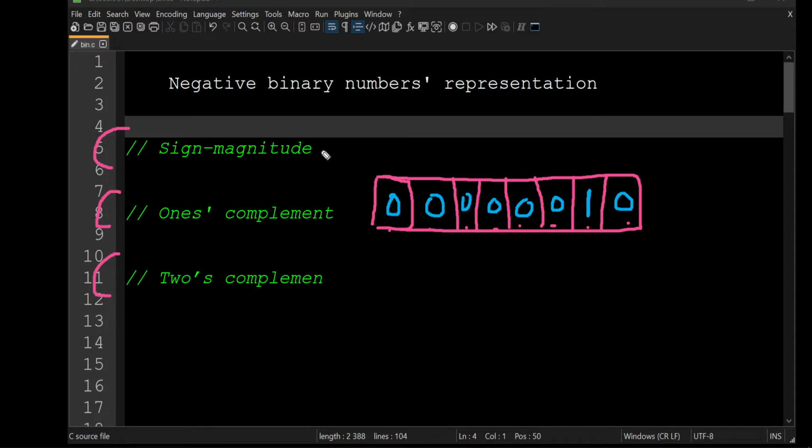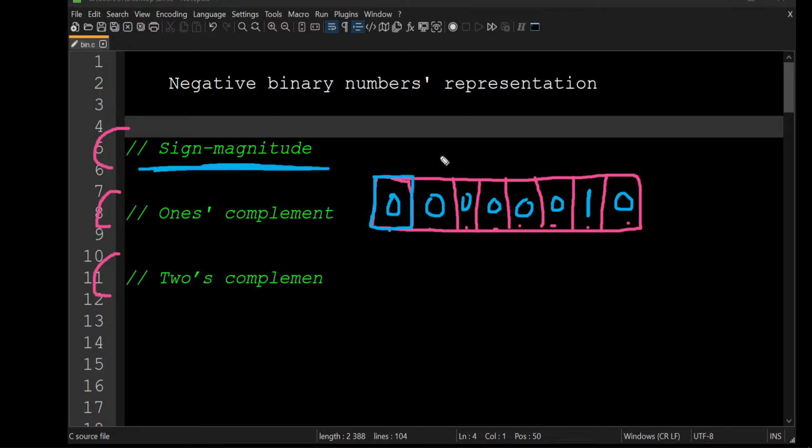The most simple way, which is still used, but not in computer architecture, mostly just for educational purposes, is sign magnitude. So what's sign magnitude? We just take one most significant bit.